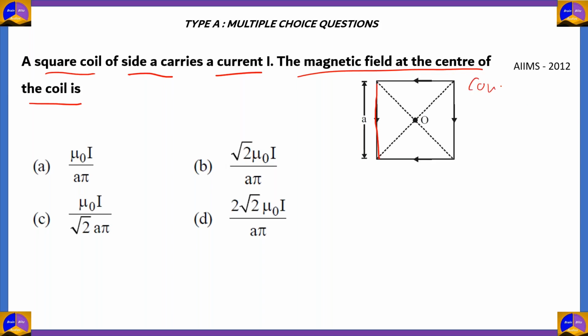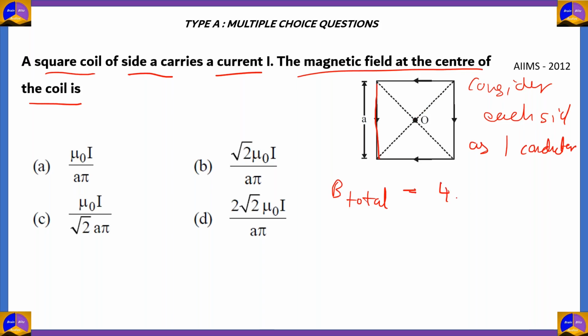So what we do is we consider each side as one straight current carrying conductor. Therefore, the total magnetic field at the center O will be equal to 4 times the magnetic field of each side.